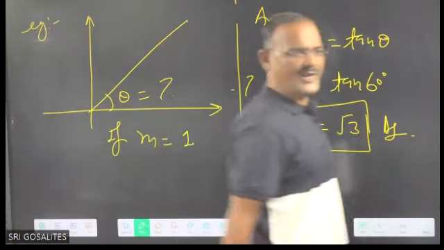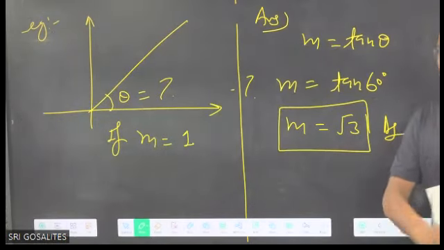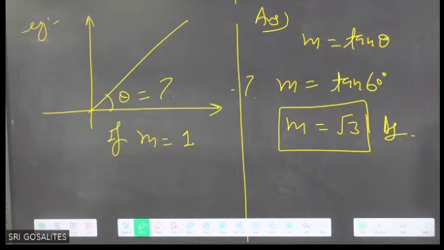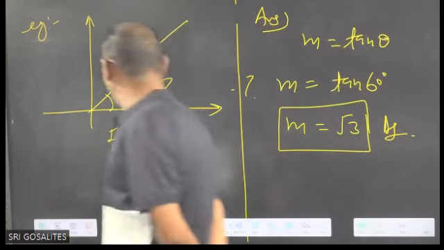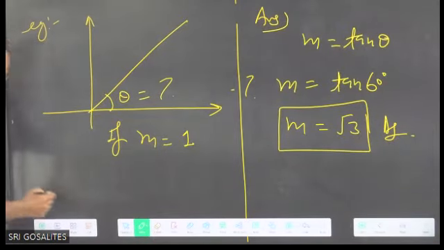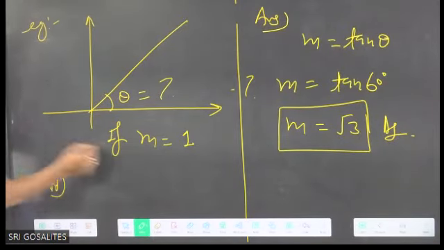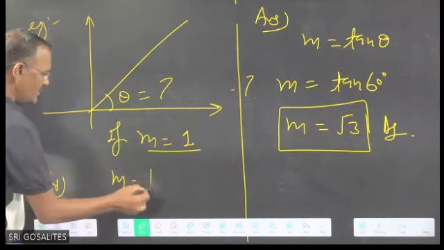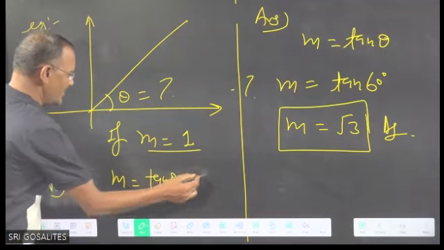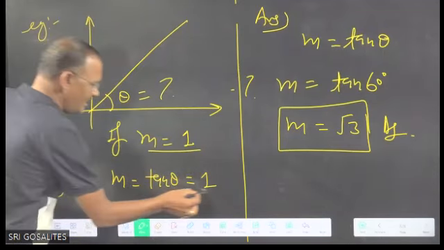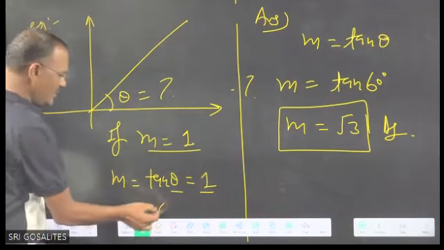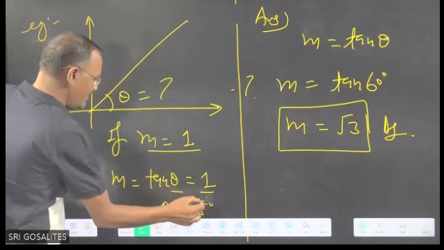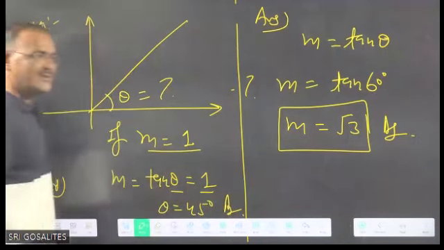If the slope of this line is 1, what is the angle the line will make with the x-axis? 45. Very good. M is given as 1. M is tan theta, which is 1. When tan theta is 1, theta is equal to 45 degrees.